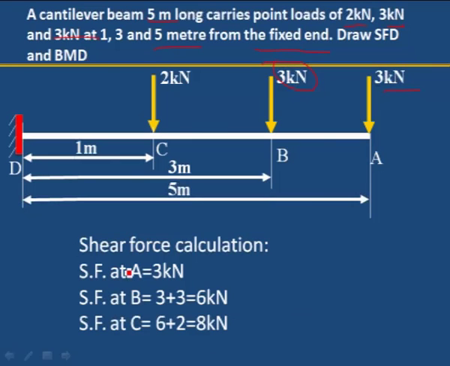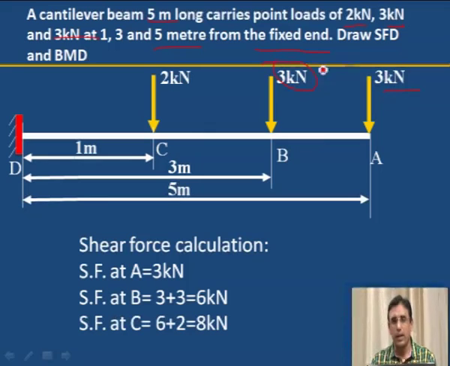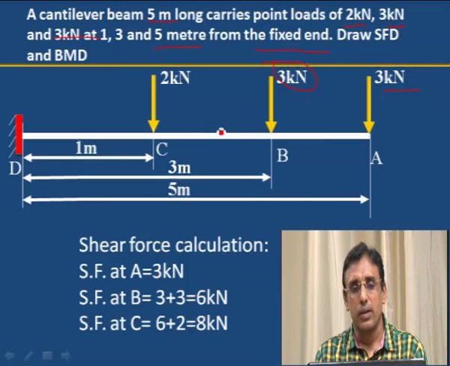Next, shear force at C, 3 plus 3 plus 2, that is a total of 8 kilonewton. We can take the previous value 6 plus another addition of 2, 8 kilonewton is the shear force at C.